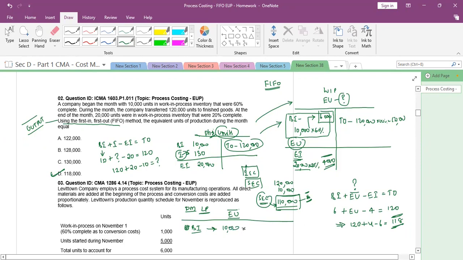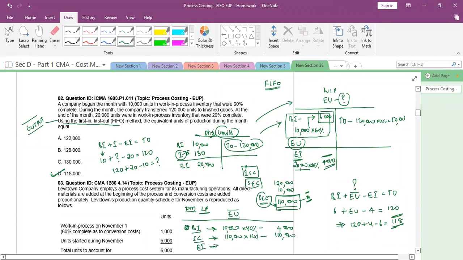Now how much work will be done in the present? 4,000, 50%. So started and completed how many number of units? Just we calculated 110,000, and started and completed will always be 100%. That is equal to how much? 110.